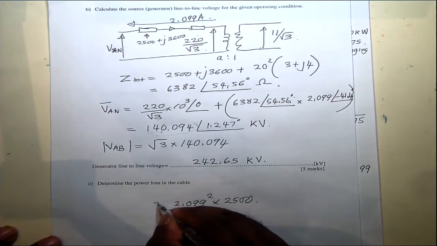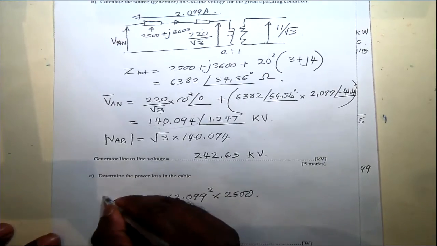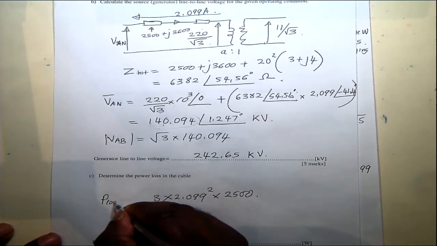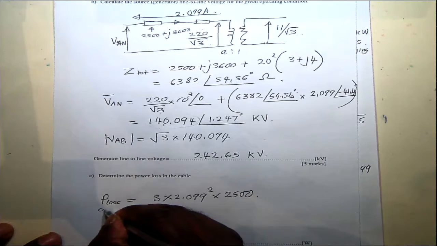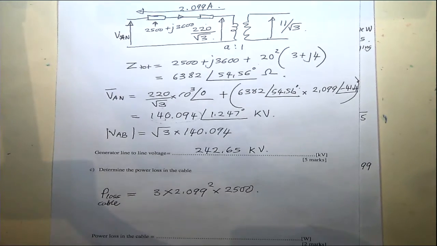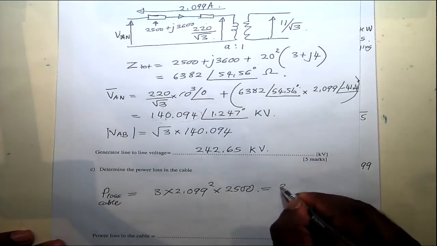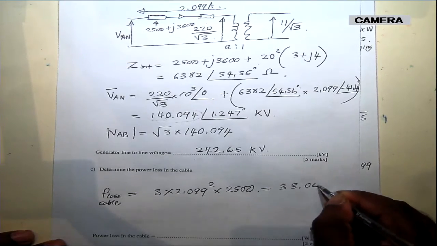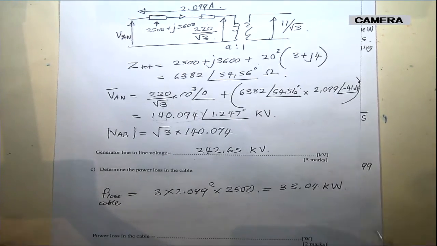So 3 times this will be the power loss in the cable, which turns out to be like 33.04 kilowatt power loss in the cable.